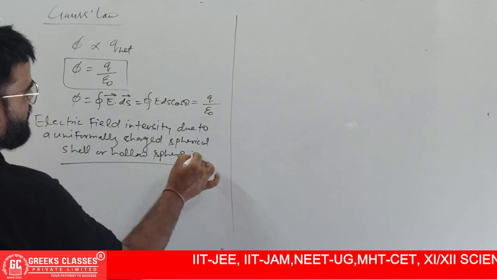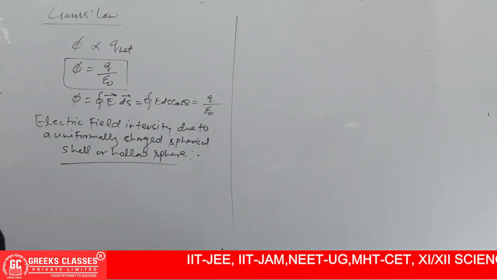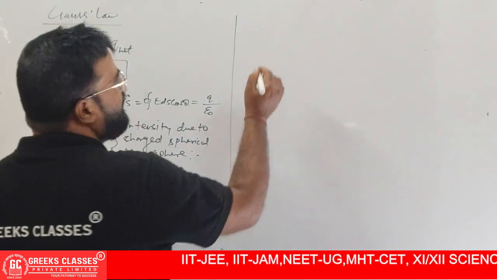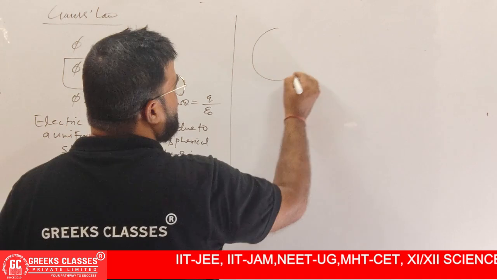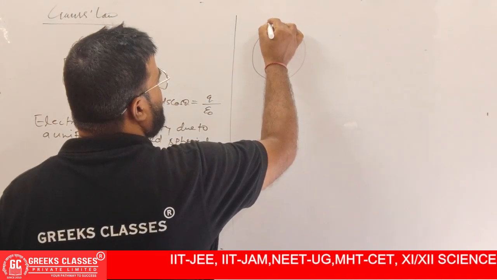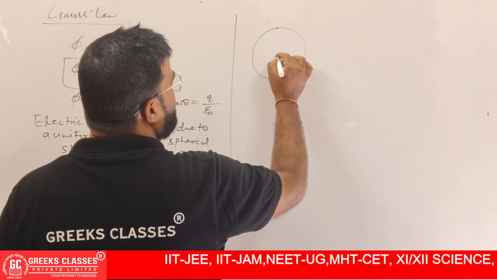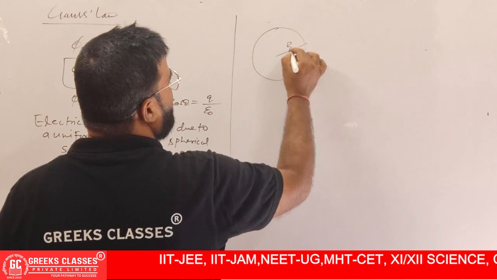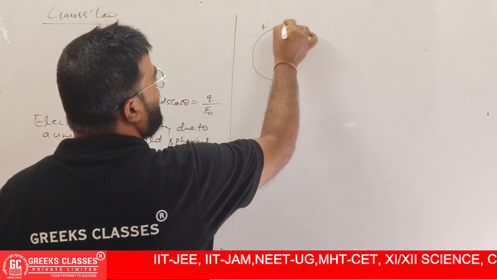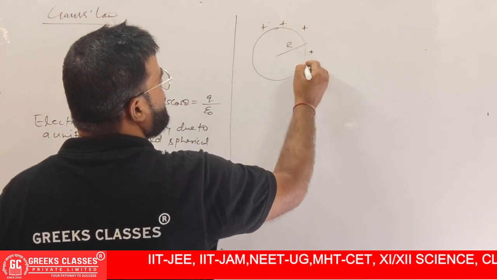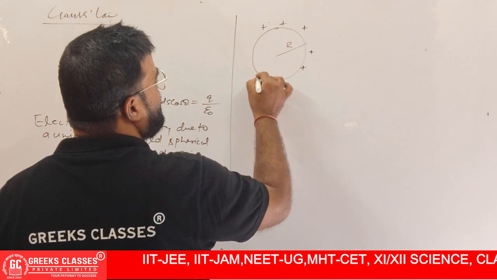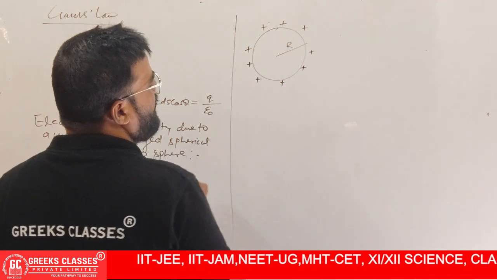This is the topic. So for this, we will take a sphere of radius capital R and a uniformly charged Q is distributed on it.